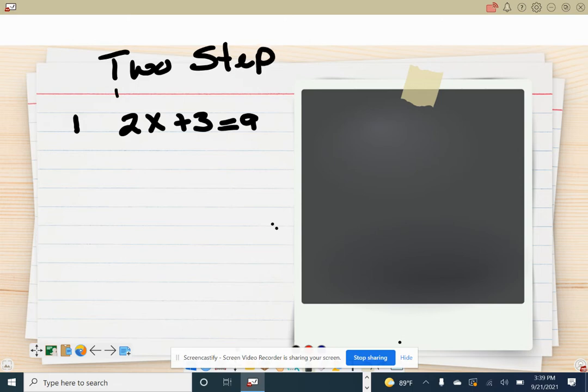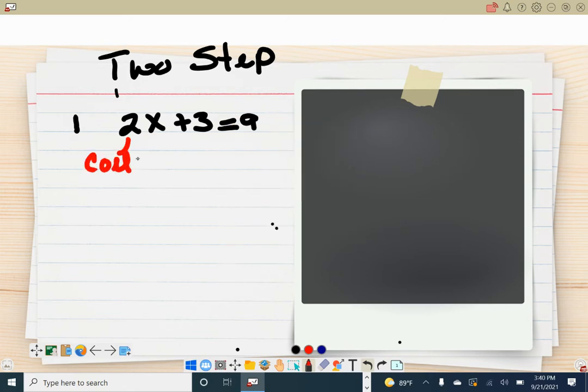Remember from our vocabulary, and this isn't something you want to write down, we have the coefficient and the constants. When we do a two-step equation, we're always going to hit the constant first, then the coefficient.